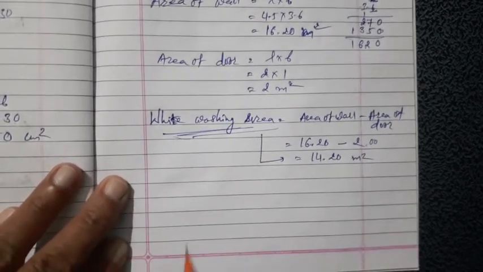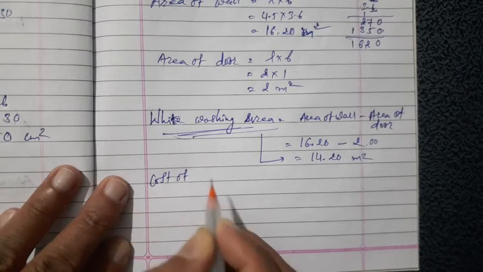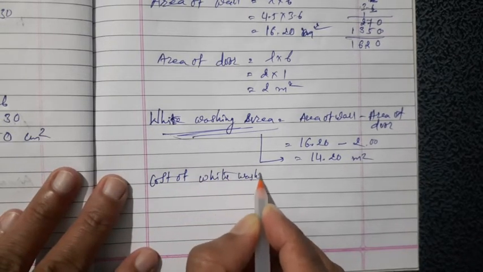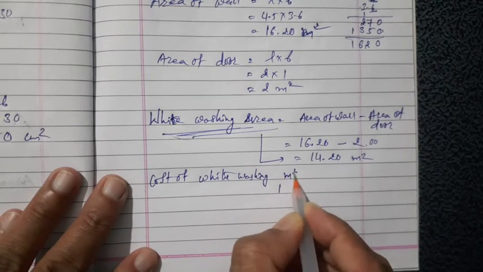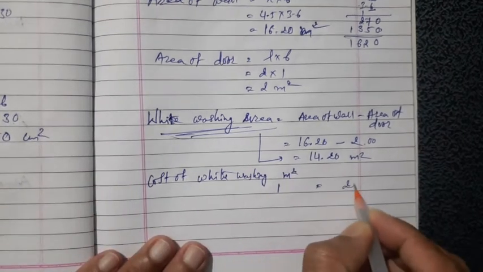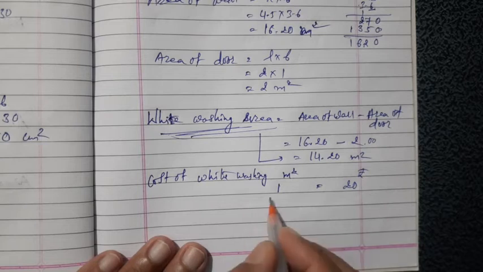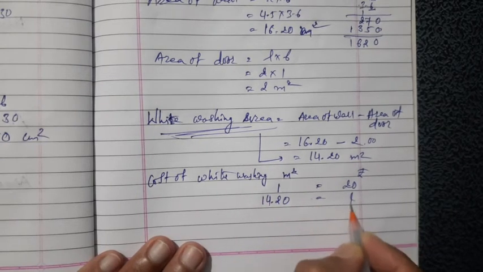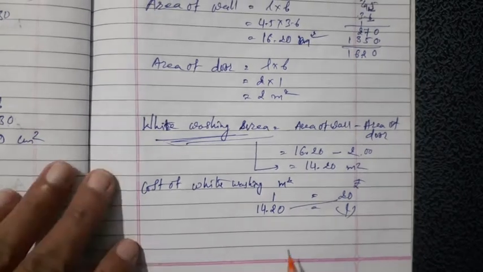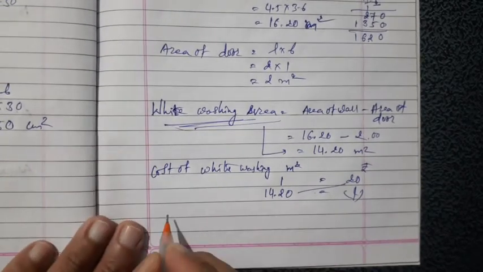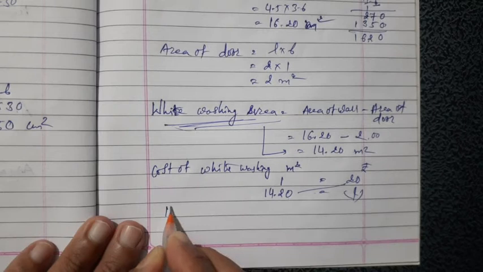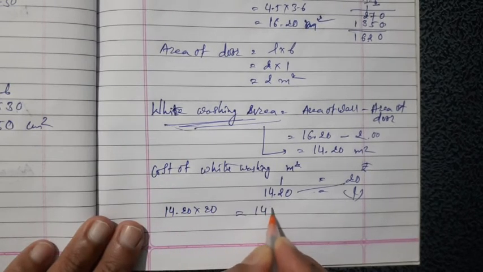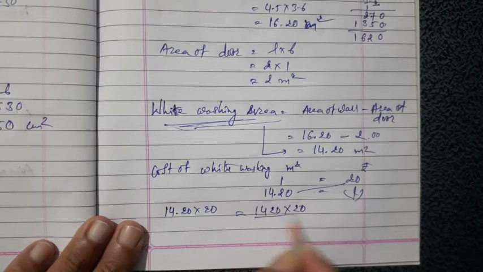Now find out the cost. So cost of whitewashing 1 meter square equal to 50 rupees is given. Then the cost of 14.20 meter square equal to how much? Cross multiplication. Now 14.20 into 50 equal to 1420 into 50 divided by 100.